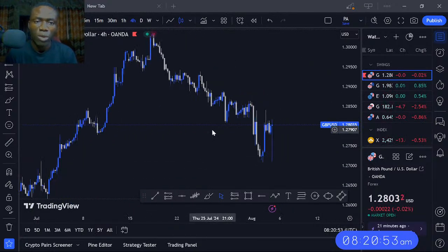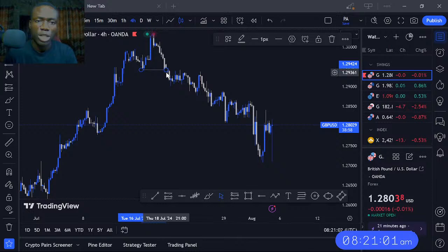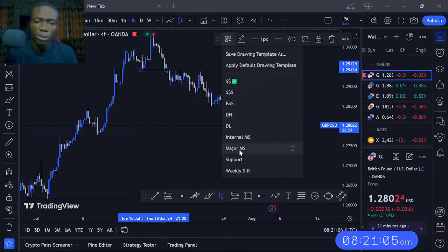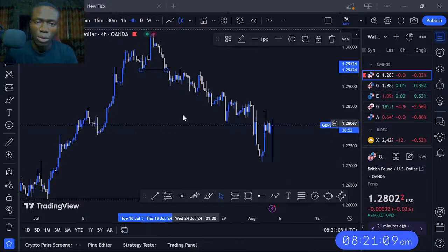On the 4-hour time frame, consider how the market is selling off. I see the market is selling off over here. From here, we had a market shift to the downside.